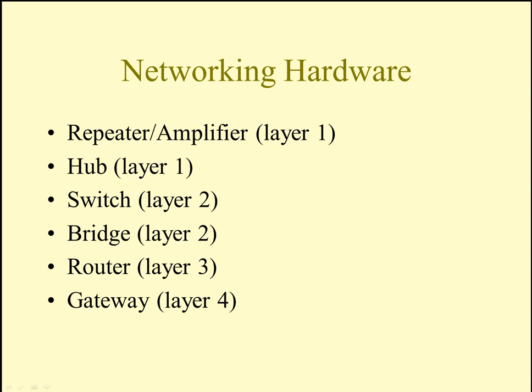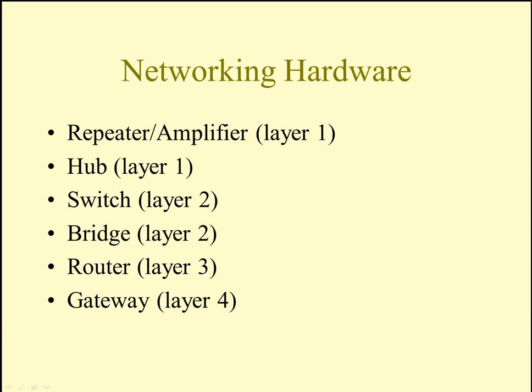Moving up to our next component, a bridge also operates at layer 2. The purpose of a bridge is so that if we have two networks that are communicating with different hardware protocols, a bridge is going to allow them to communicate with each other. The bridge has at least two interfaces on it, one of them for each of the networks.